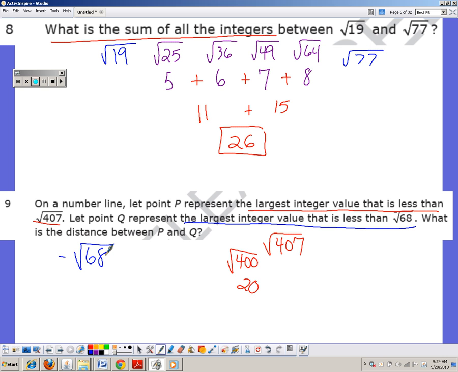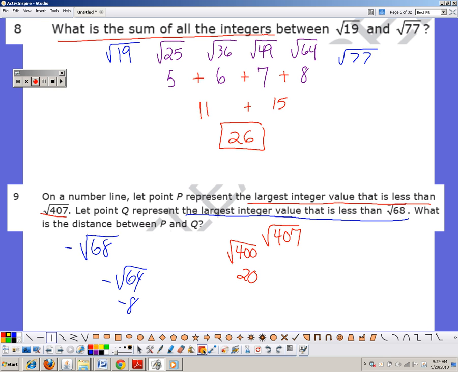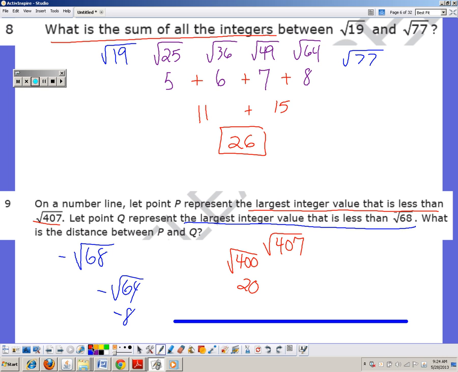Well, the largest value that is less than negative of 68 is a negative 64. The negative value of 64. Okay? The square root of 64 is 8. So we're going to make it negative 8 because negative is on the outside. So now all we need to do is draw a number line, and we want to find the distance between negative 8 and 20.